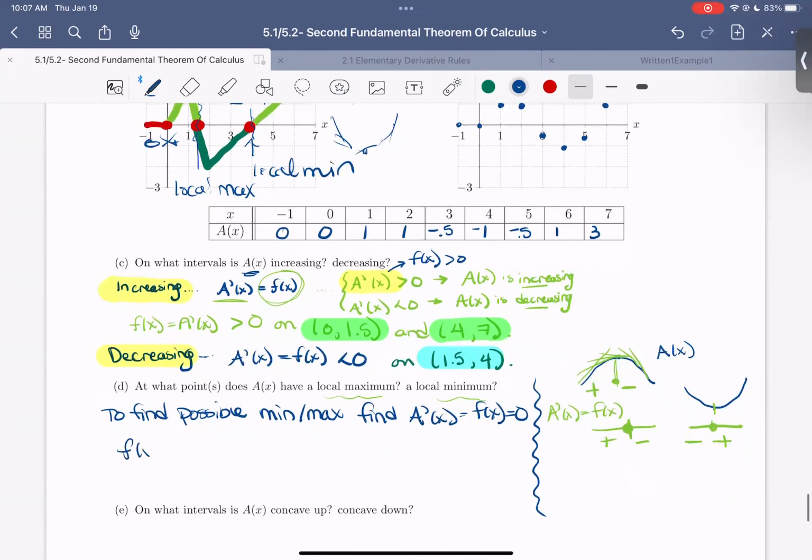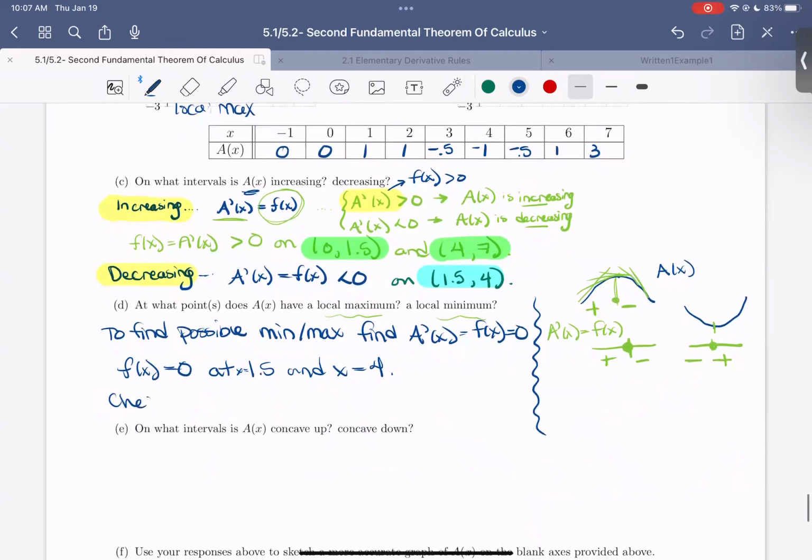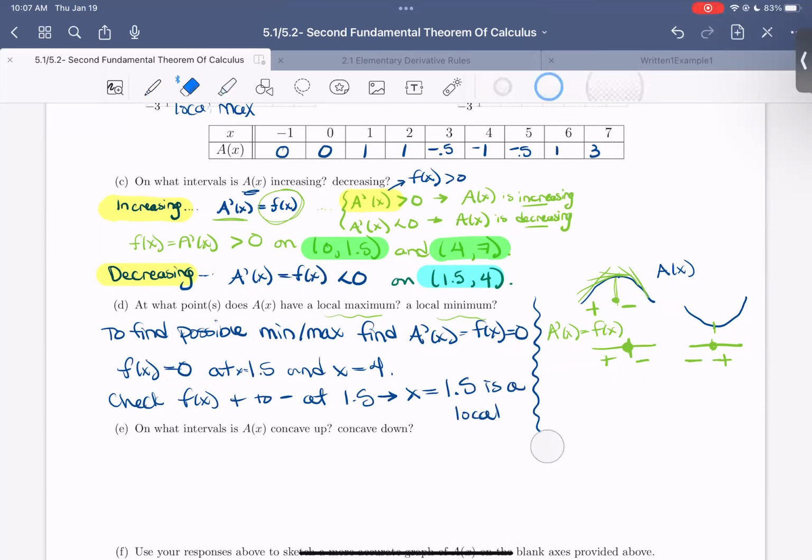So we know f of x is equal to 0 at, and we're just going to use 1.5, at x equals 1.5 and x equals 4. And we check that f goes from positive to negative at 1.5, which means x equals 1.5 is a local max. Clear some room here.